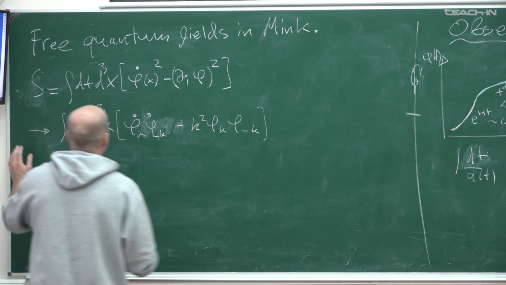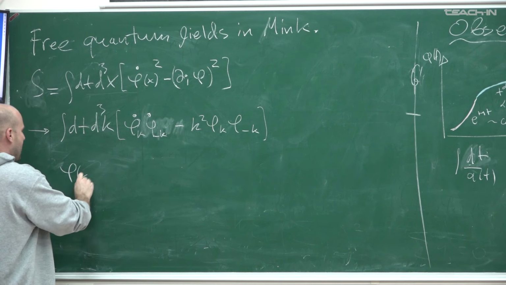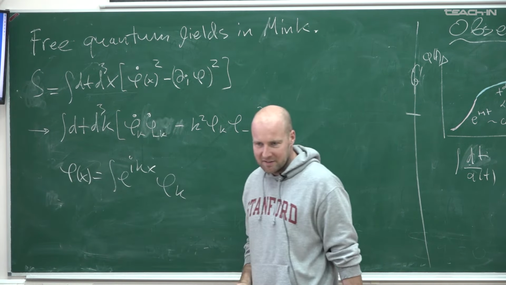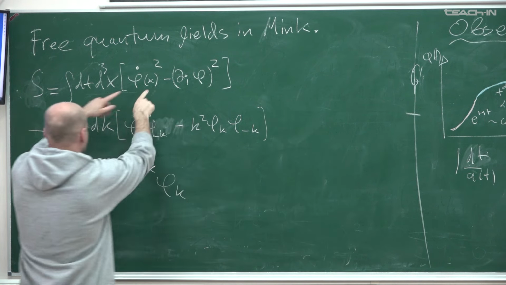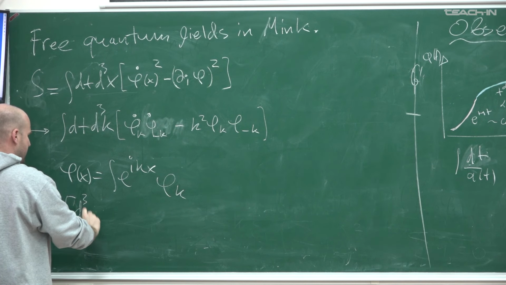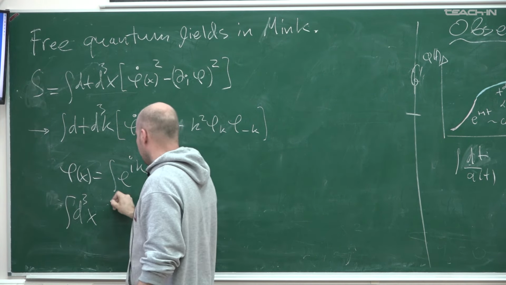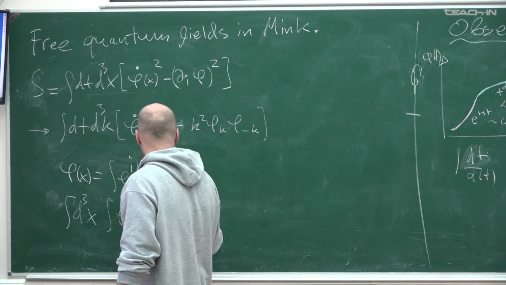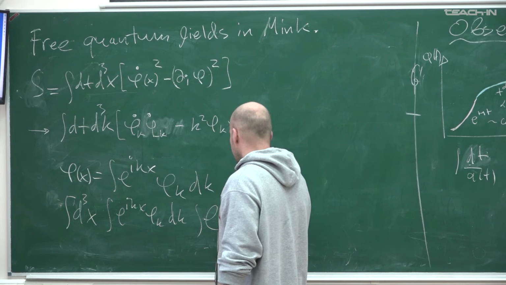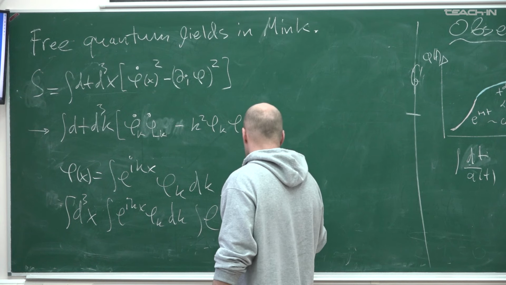I'm skipping steps, so let me just write it. phi of x is integral e to the I kx phi k, right? Okay, so now we plug it in here. Let's ignore the dots. We just have integral d3x, integral e to the I kx phi k dk, integral e to the I p x phi p dp.